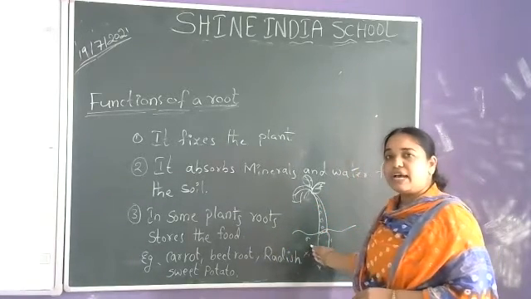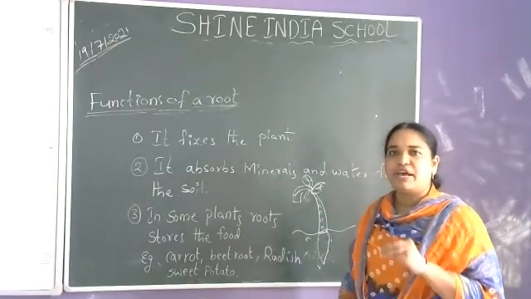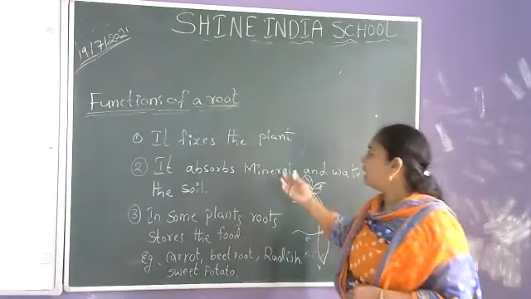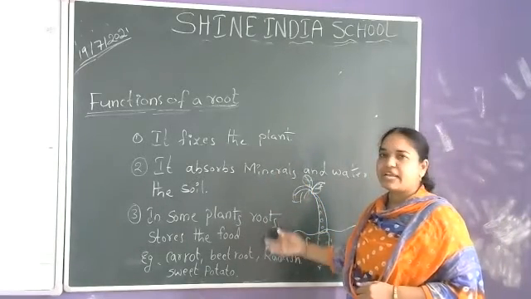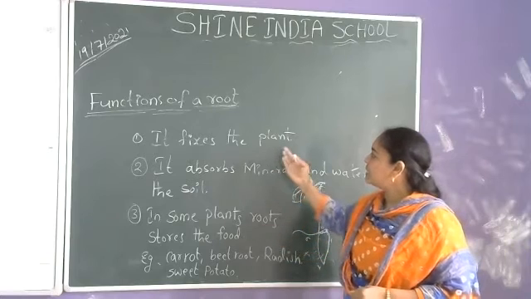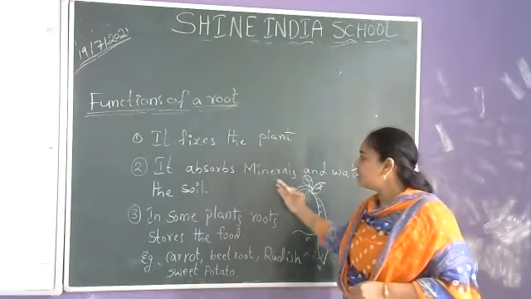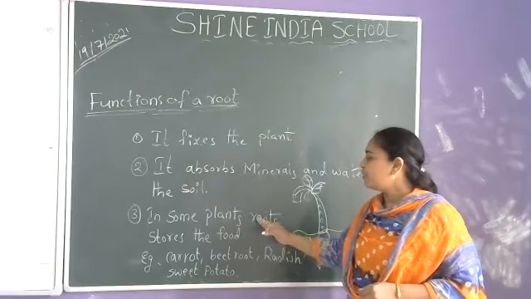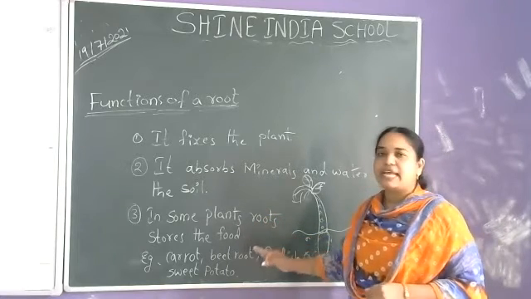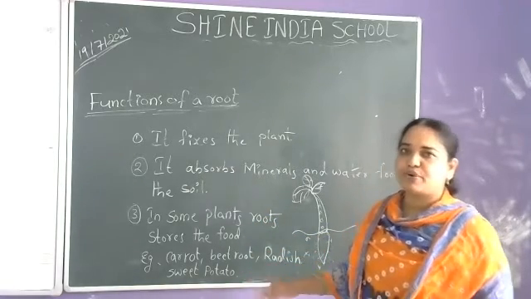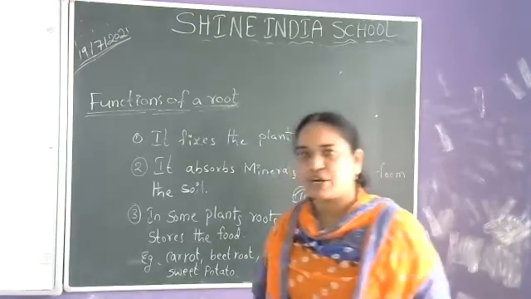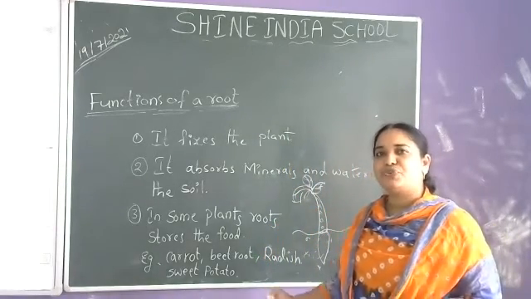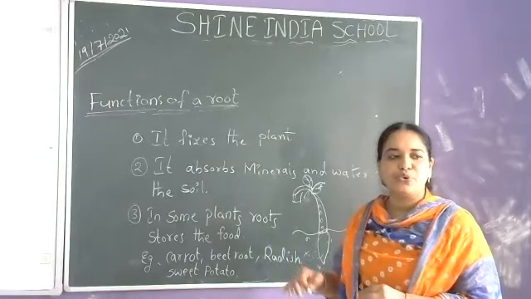So this root part we are eating. Like this, the roots perform different activities. It fixes the plant, it absorbs the minerals and water from the soil. In some plants, root stores the food like the carrot, radish, beetroot, and sweet potato. These are some examples of plants which store the food in their roots.